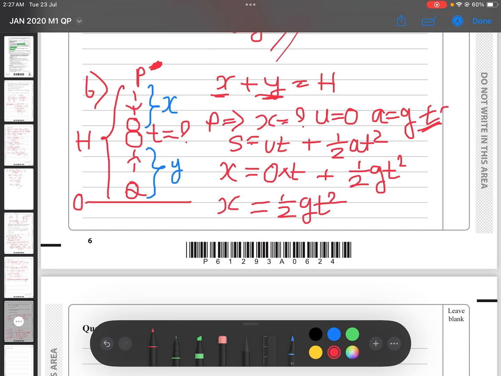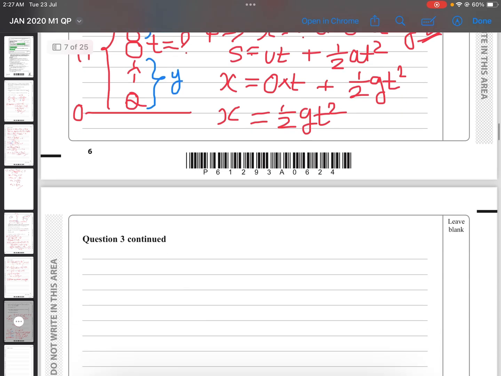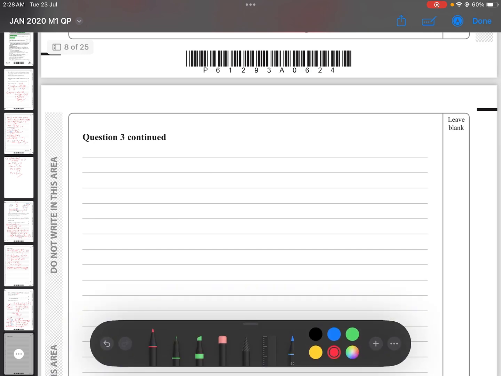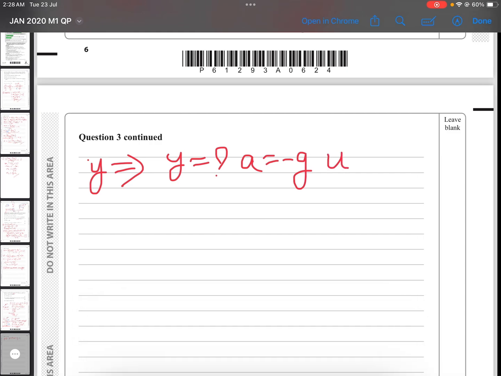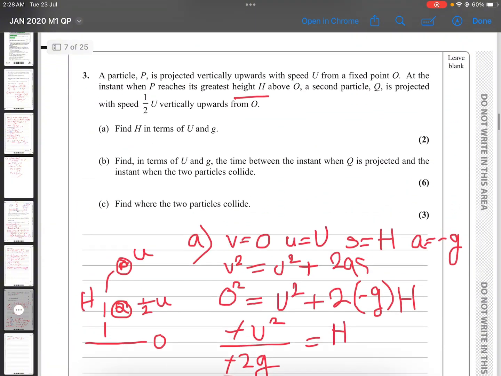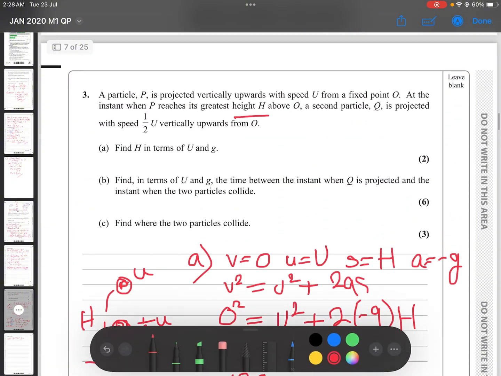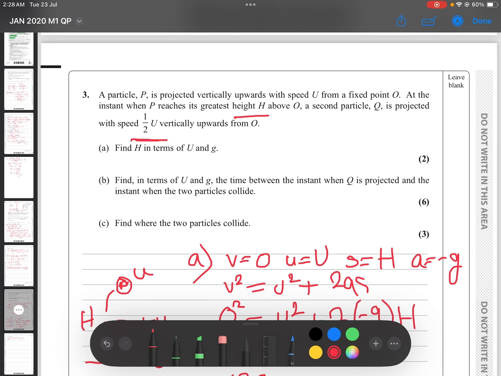Alright, we got x. Now for y, let's note down what we have. Obviously my y is the distance, a question mark. Acceleration, now it's traveling up, so it's going to be a negative g. U is the initial velocity. In the question they have mentioned Q is projected with speed half u vertically upwards.